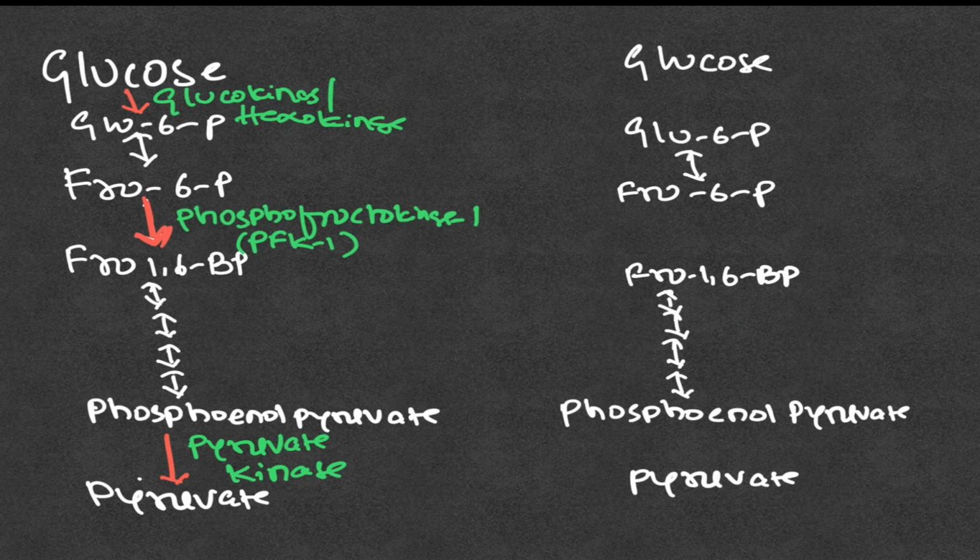They all work under flux: if the flux of the product is more than the substrate, it just reverses the reaction. So all we need to know is how to take care of the glucokinase hexokinase reaction, the phosphofructokinase 1 reaction, and the pyruvate kinase reaction. If you know how to take care of these three reactions, understanding gluconeogenesis becomes much easier. Now, let us see how that happens.